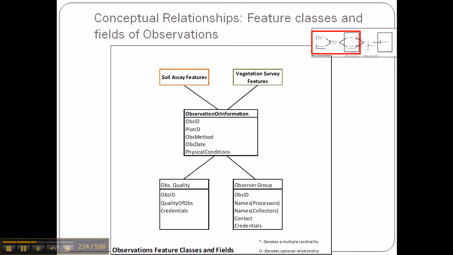This observation ID is connected to the way in which the observation was taken, the date at which the observation was recorded or assayed, and finally the physical conditions of the environment at the time.